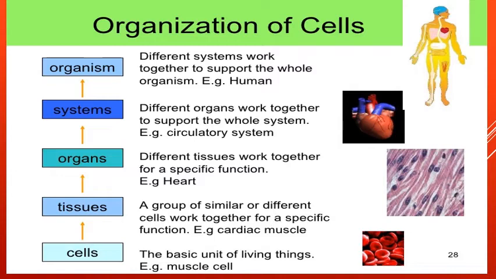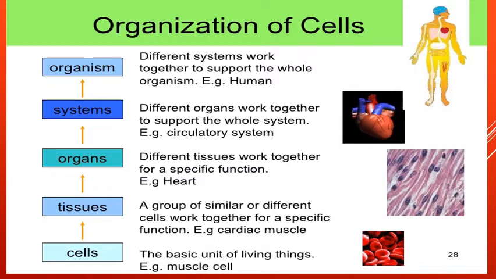For example, the heart. Like the muscle cells, they combine together to form the cardiac muscle. This is one example. Okay, and cardiac muscles all combine together to form the cardiac tissues. Cardiac tissues combine together to form the heart. Then the heart, along with the blood vessels and many other tissues and other organs also, work together as one team and work together for one common function.